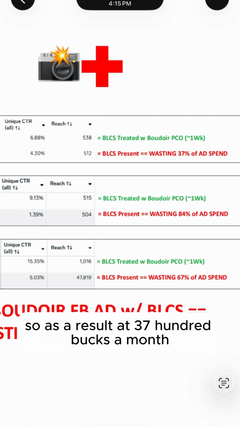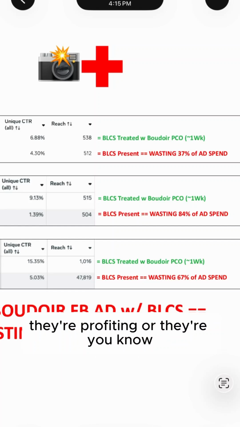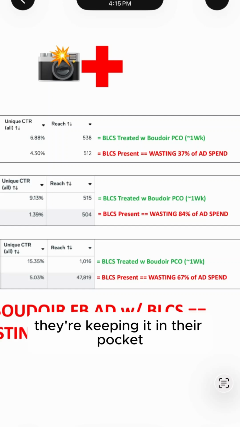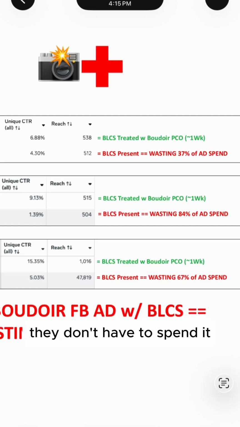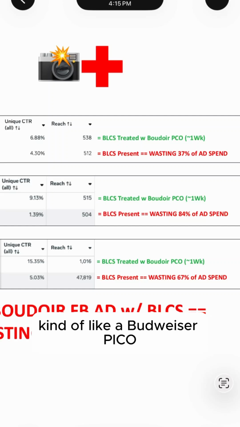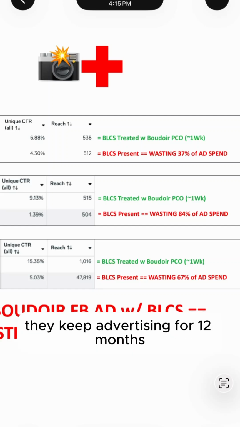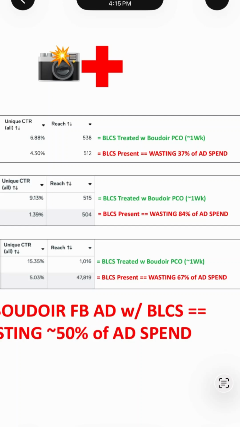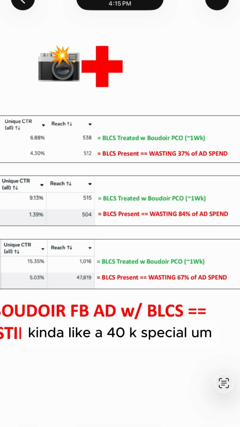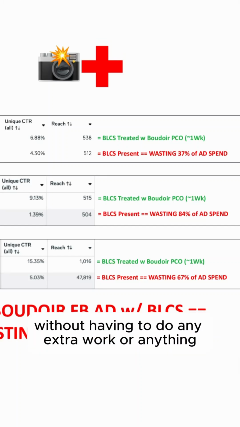As a result, $3,700 a month they're keeping in their pocket. It's kind of like a phantom profit, a boudoir Pico bonus profit. And if they keep advertising for 12 months, that's like a 40K special bonus in their pocket without having to do any extra work.